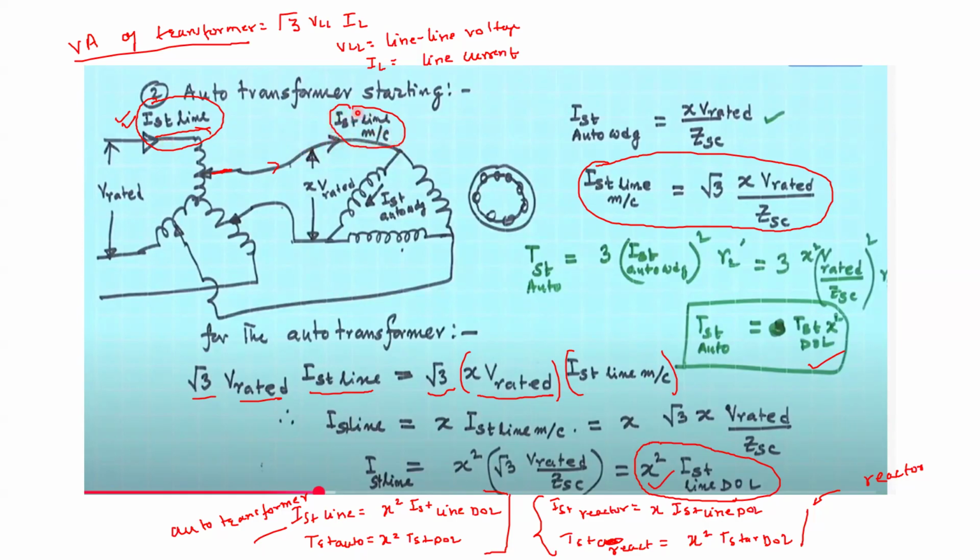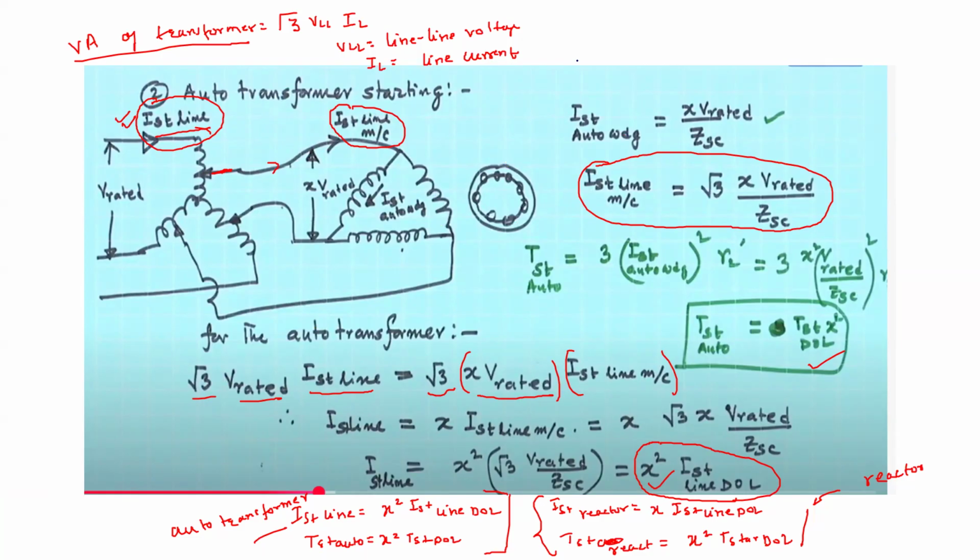So there are two places where the line current is drawn. The line current drawn by the machine, I'm just writing here, in a different color.